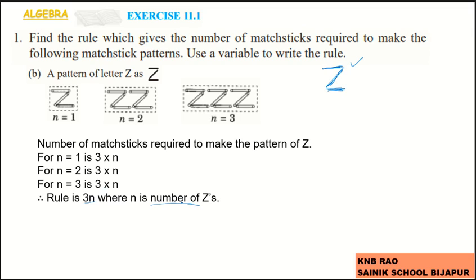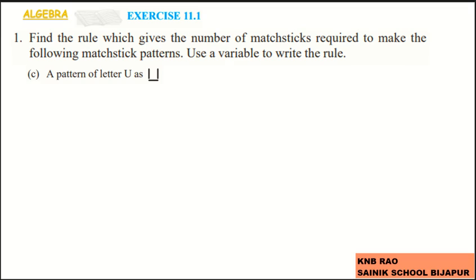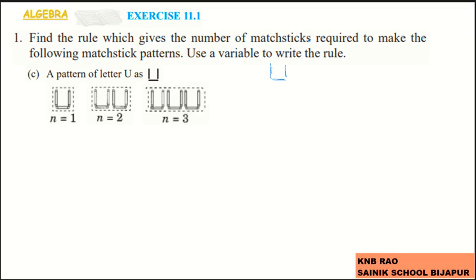Now coming to the sub question C, to form a pattern of letter U as shown, one vertically, another horizontally, another vertically. So totally we use 3 matchsticks to form one U, and to form 2 U's we need 6 matchsticks. To form 3 U's we need 9 matchsticks, and so on.